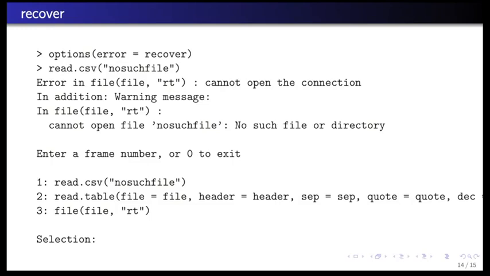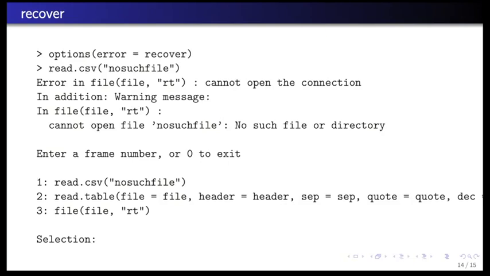Remember, read.csv is just a wrapper for read.table. So read.csv called read.table, and then read.table called the file function because it wanted to create a file connection with my file, no such file, right? And when it tried to create that file connection, obviously it couldn't find the file, and that's where the error occurred. So the error occurred at this third level in the function call stack.